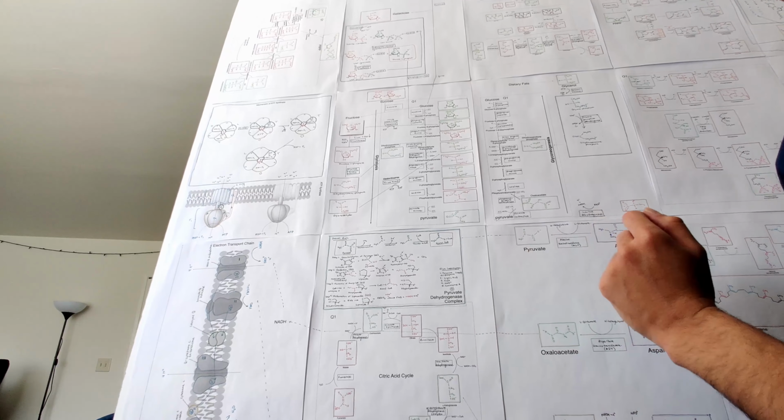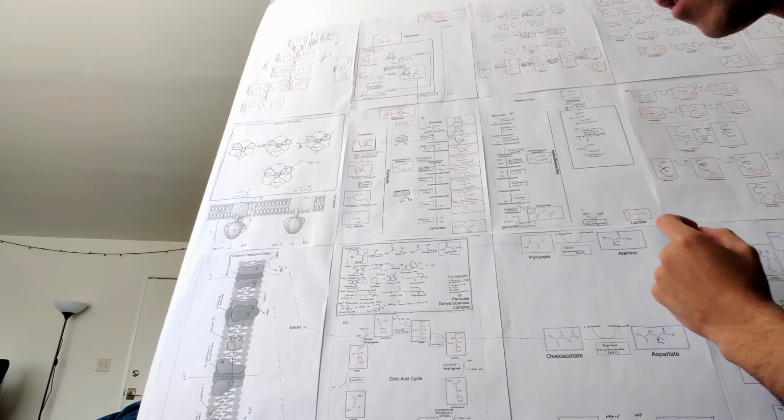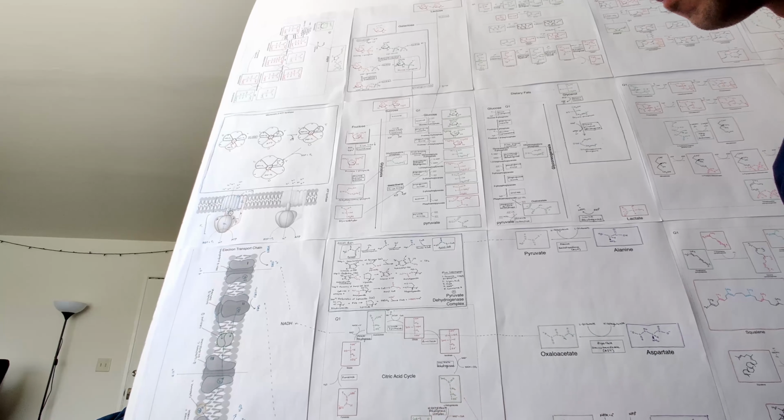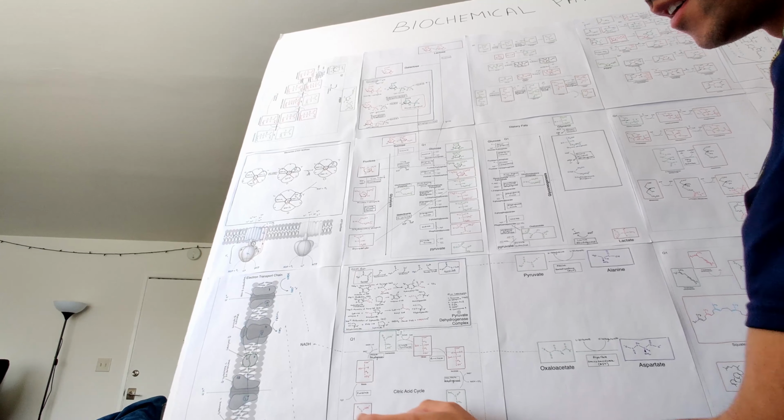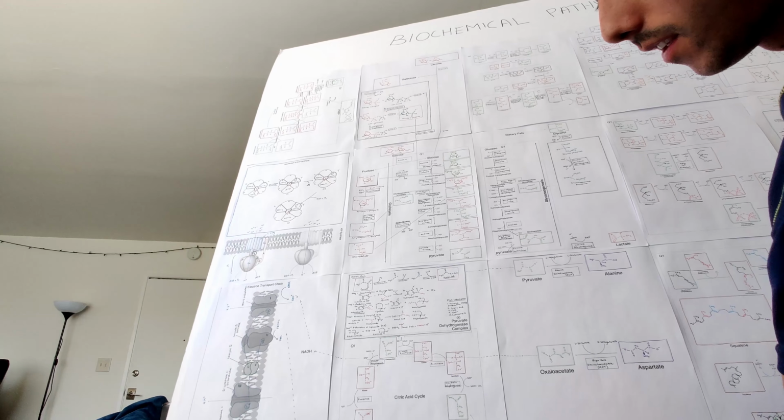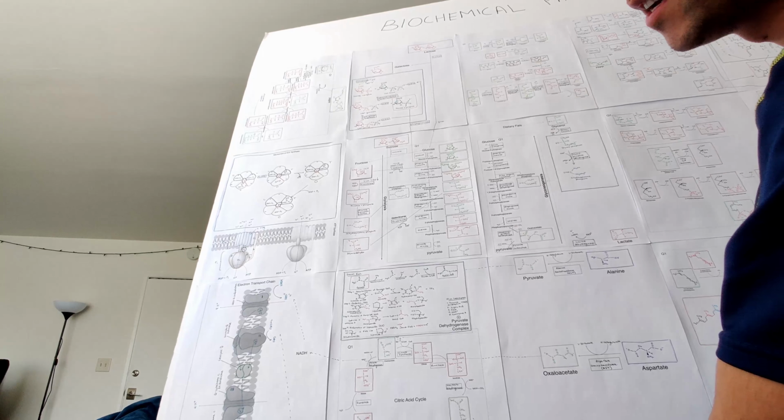So as those carbon-carbon bonds are broken down, we do create some ATP, as well as some electron carriers, which are very important. So this would be the formation of NADHs here, here, and here, as well as FADH2s.